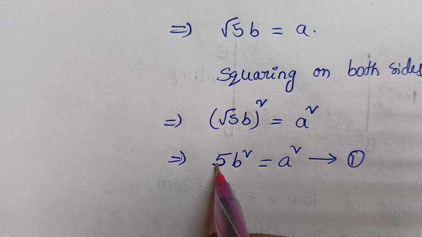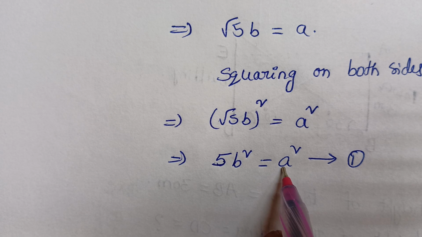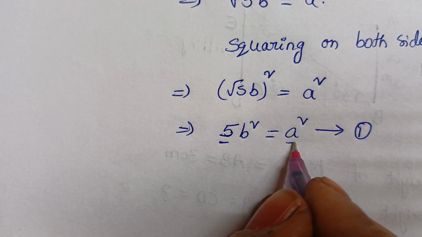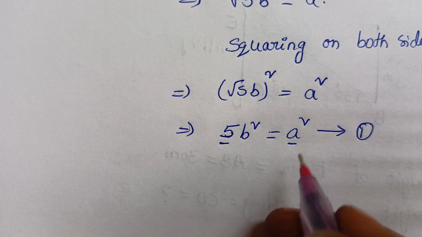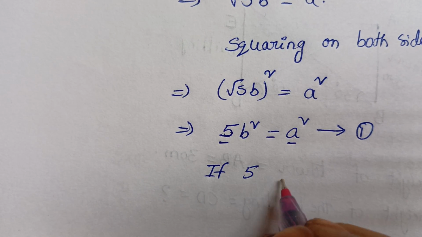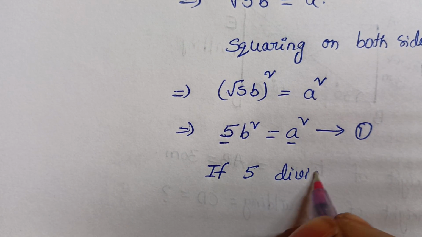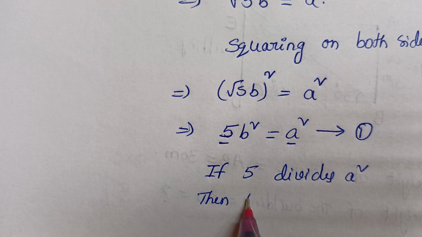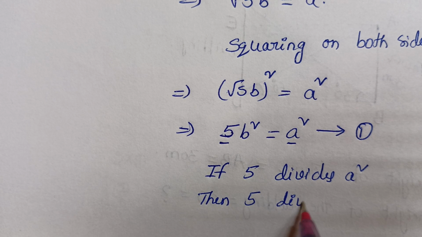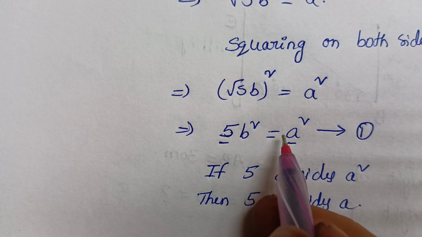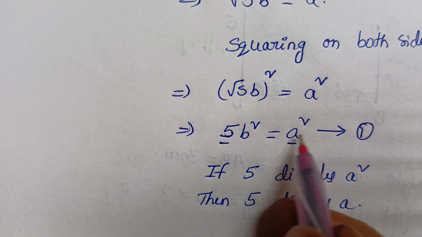So, if 5 divides a square, then 5 divides a also. That is the main second step we have to remember.